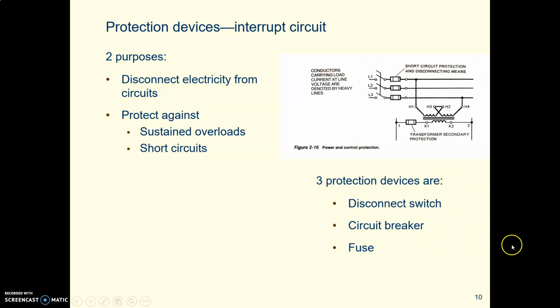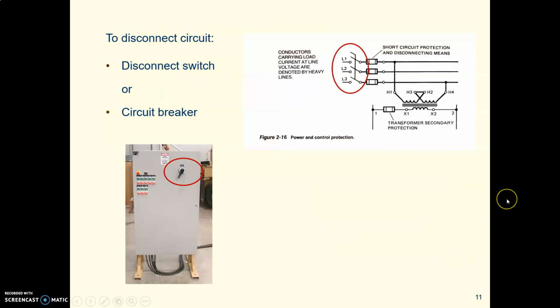And they do 2 kinds of things. One, we might want to disconnect ourselves. And so here is that panel from JCI, and there is a disconnect switch right there. We can also disconnect power with a breaker, and you may have done that in the panel in your apartment or your house.